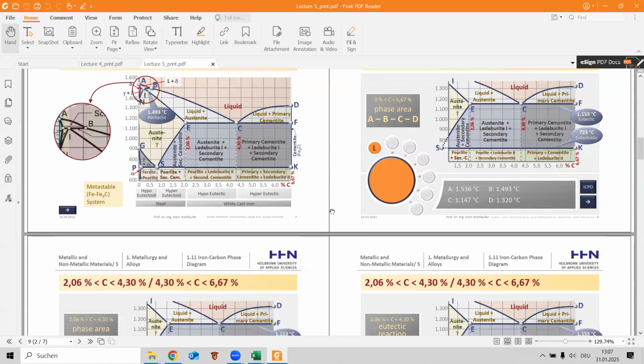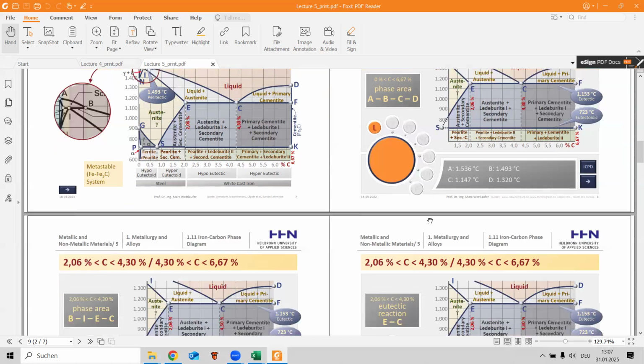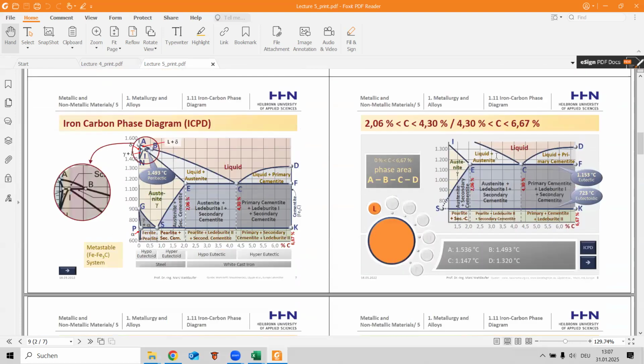So you can look into different concentration ranges and the phase areas. For instance, here is ABCD, BBCD. So it's just liquid.